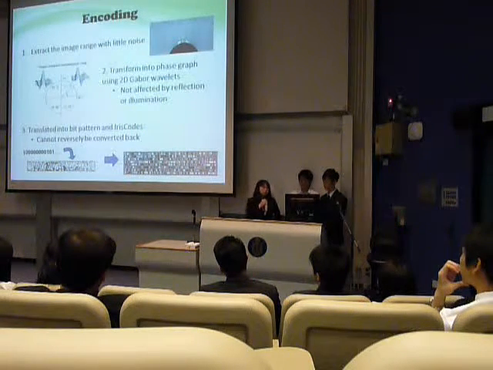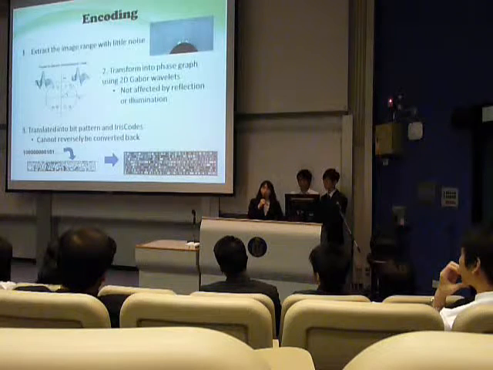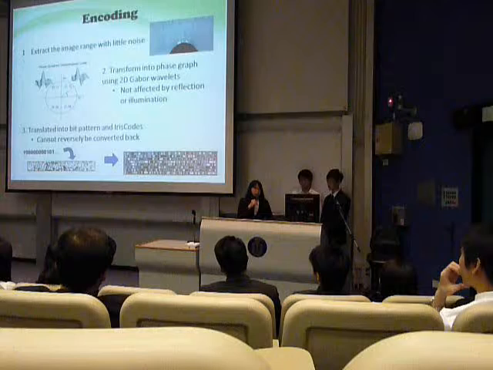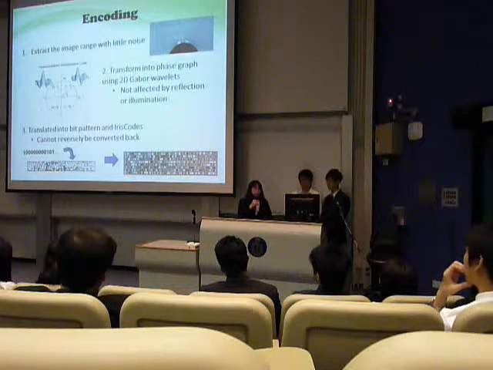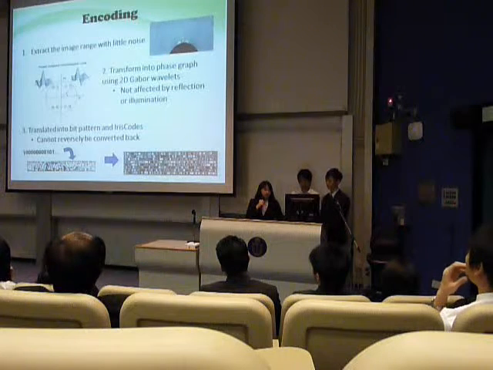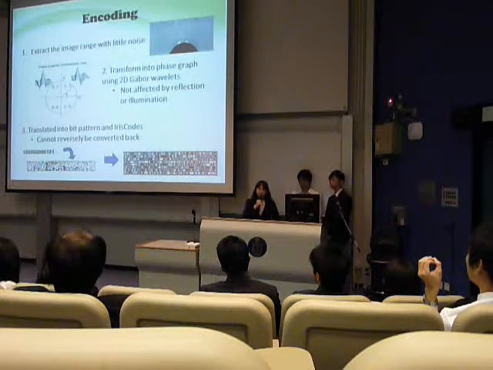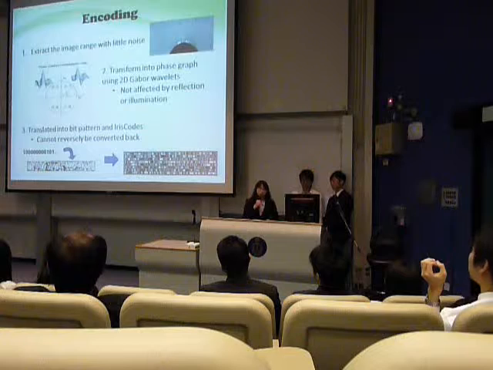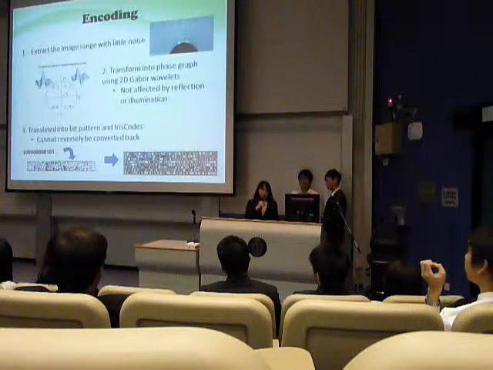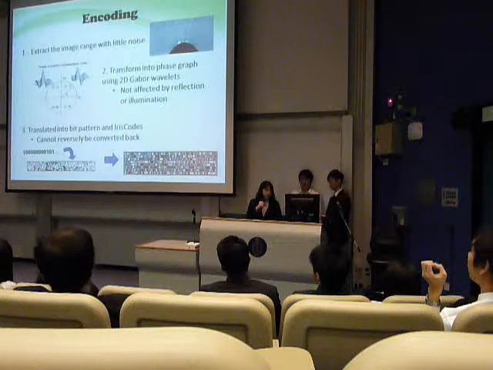And to make it not too affected by the reflection or illumination, we will not include any amplitude information there. And then we'll translate the phase into some bits and the iris codes. Note that this is an irreversible process, which means that you cannot simply use the codes and try to figure out what the iris will look like, so it will protect the privacy.